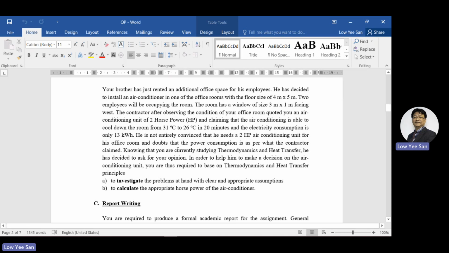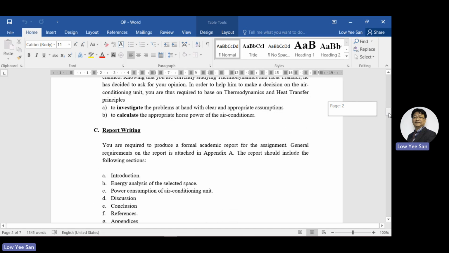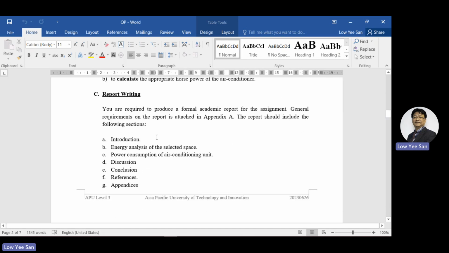It's kind of open. You can investigate from whichever direction you want. At the end of the day, you will need to give a verdict on whether you should use 2 horsepower or not. You can settle with 1.5 horsepower, or you can go with 1. There'll be a lot of calculation along the way, and I will help you along the way.